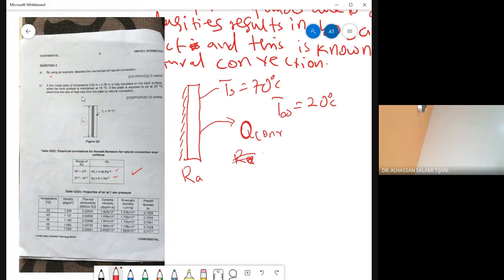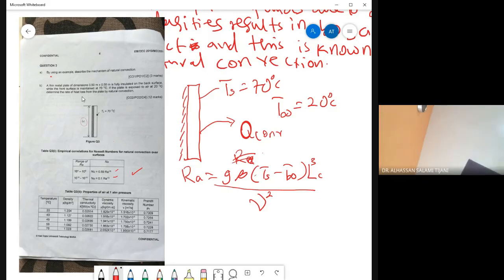The Rayleigh number equation is given by Ra equals g beta (Ts minus T infinity) L raised to the power 3, L being the characteristic length, divided by kinematic viscosity squared. All this equation will be given to you in final exams, so no need to memorize it. The gravity is always a constant, always given.